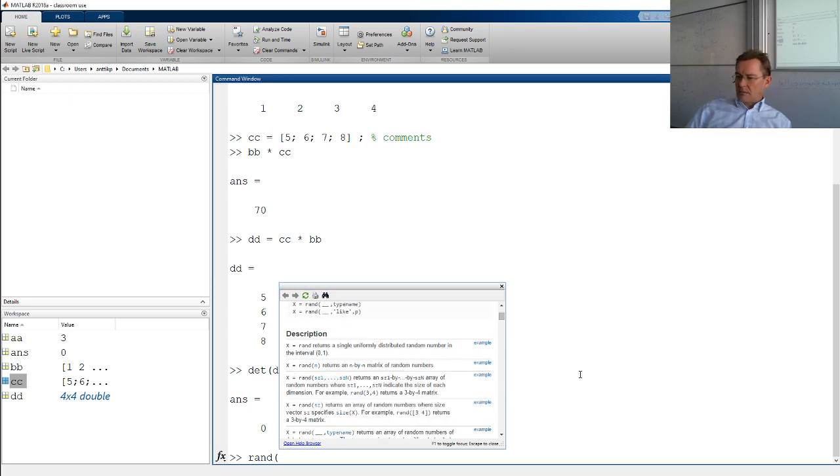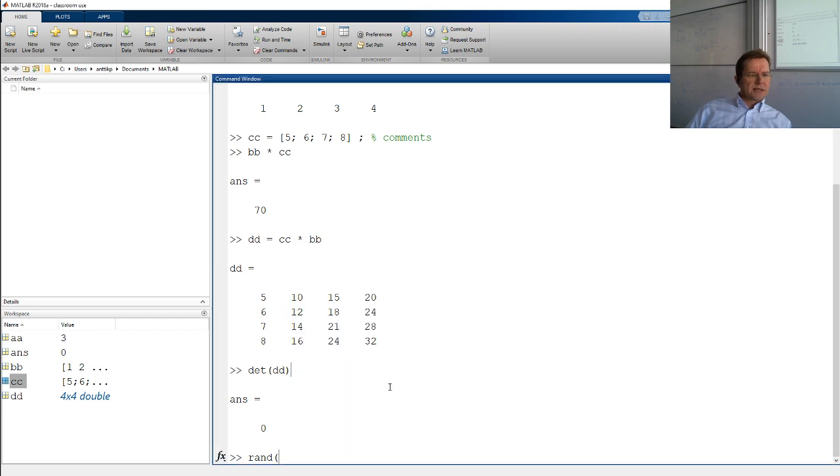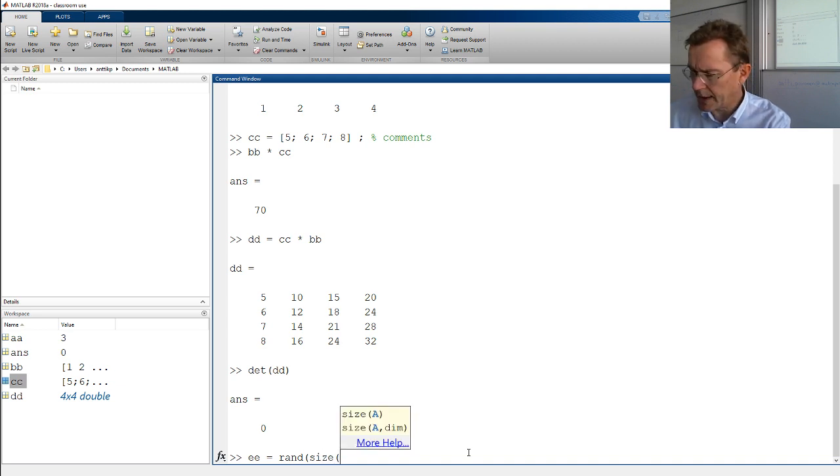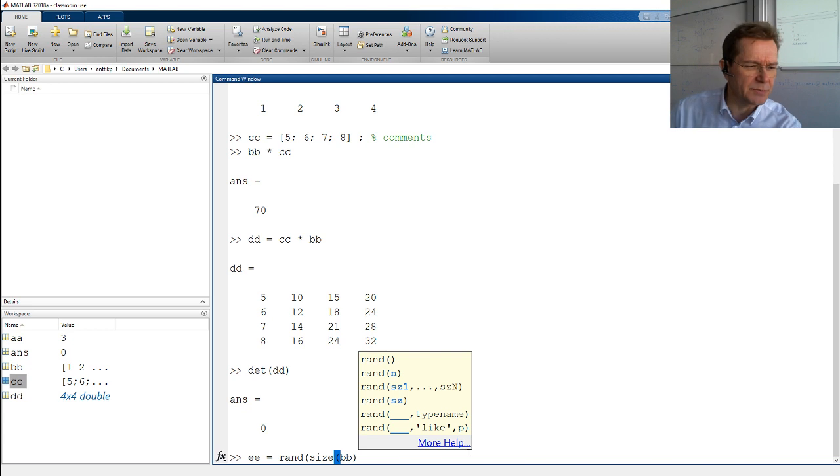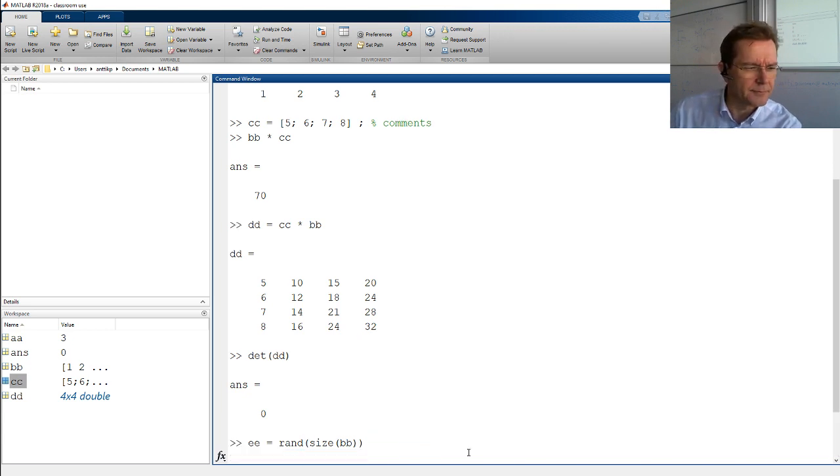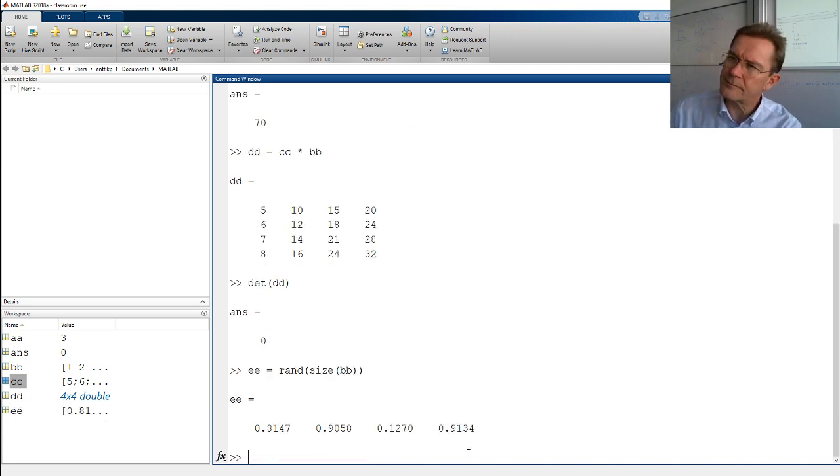Okay, my favorite way of doing this is actually making random numbers to match the size of a vector. Size of, for example, vector B. And these are uniformly distributed random numbers.